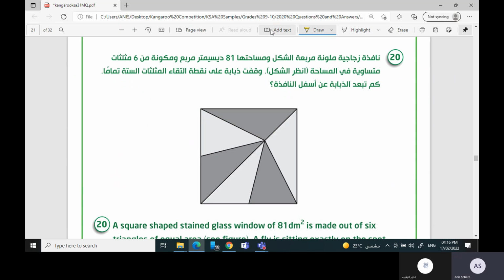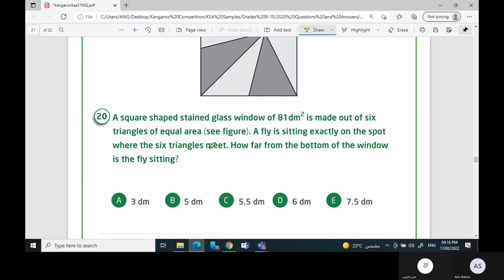Okay, now we're going to a bit harder problem, but it's also an easy problem compared to the other problems. So let's read the question. A square-shaped stained glass window of 81 decimeters square is made out of 6 triangles.